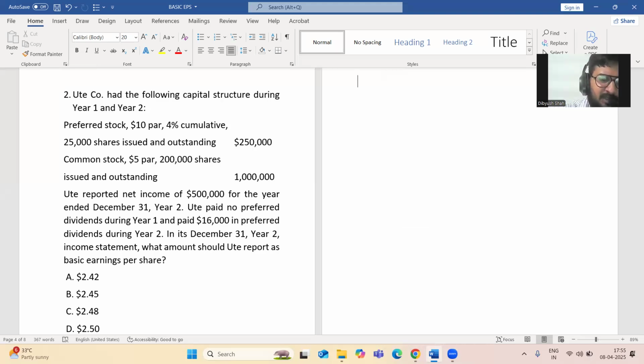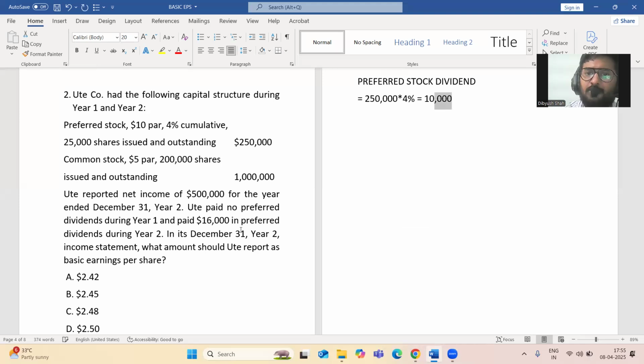4% means the preferred stock dividend will be $250,000 into 4%. That is $10,000.